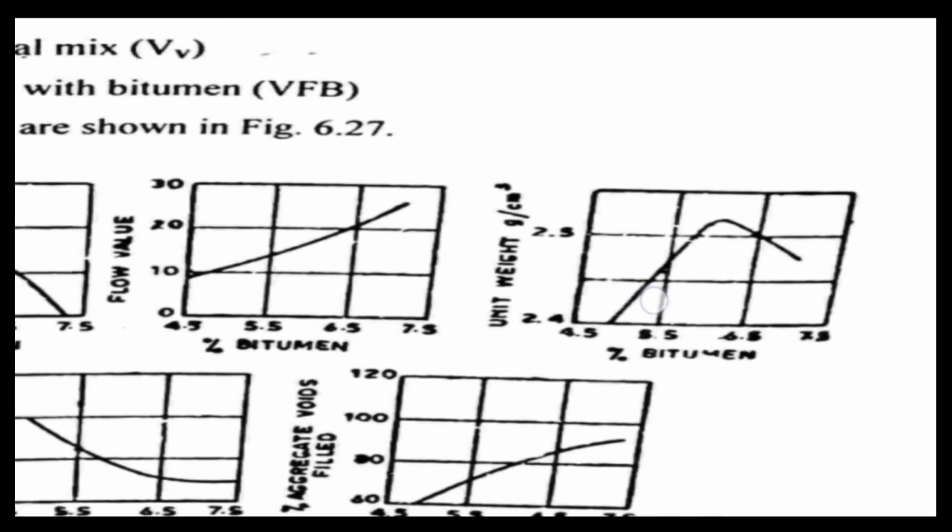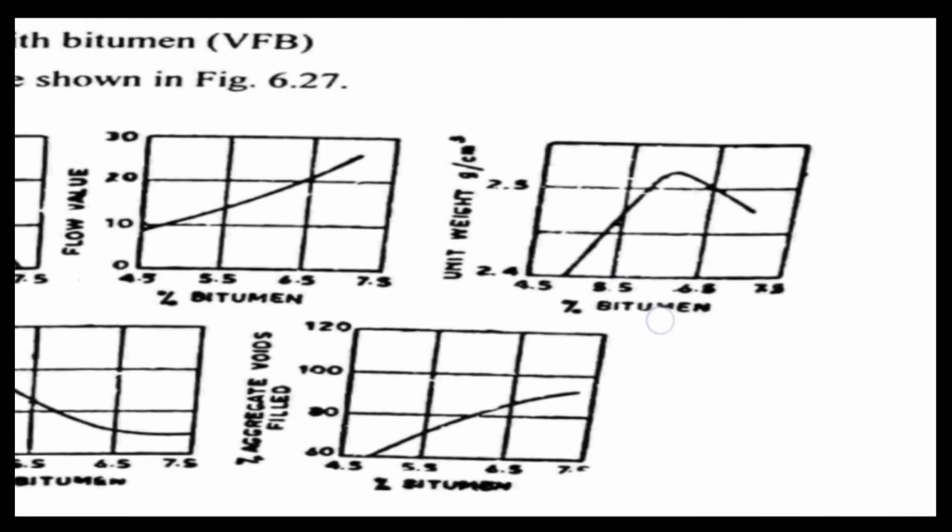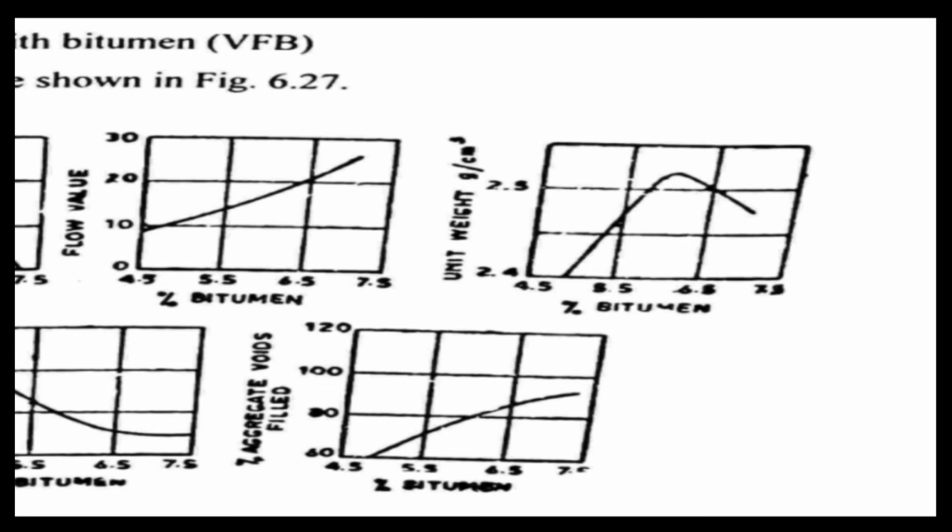In the third case, with the increase in the bitumen, the unit weight of the aggregate mix will be maximum, that is 100%, at full saturation. That means we know that the unit weight of the aggregate mix will be 100% when it is fully saturated.